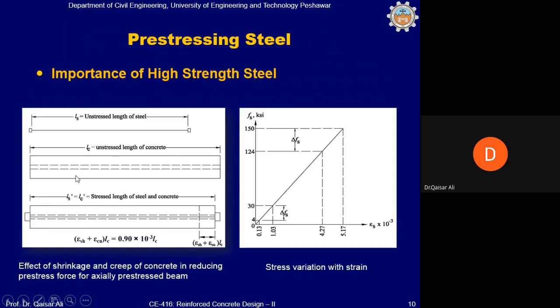and we are preparing this beam in a lab, and we have prepared a formwork for the beam such that we have placed a conduit in the mid depth of the beam in this manner, and then we pass a steel wire or steel rod through this conduit and fix the rod at one end of the beam here.